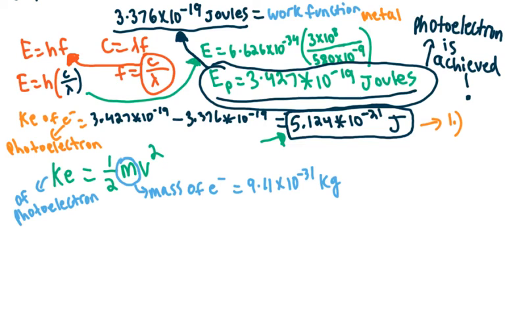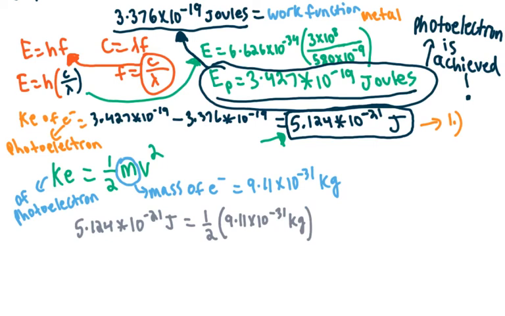The kinetic energy, 5.124 times 10 to the negative 21st joules, is equal to 1/2 times the mass of the electron, which is 9.11 times 10 to the negative 31st kilograms, times velocity squared.